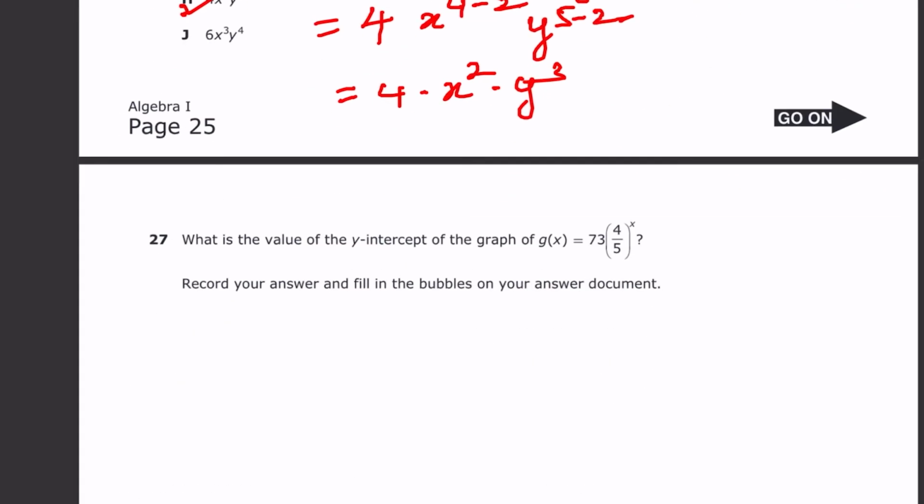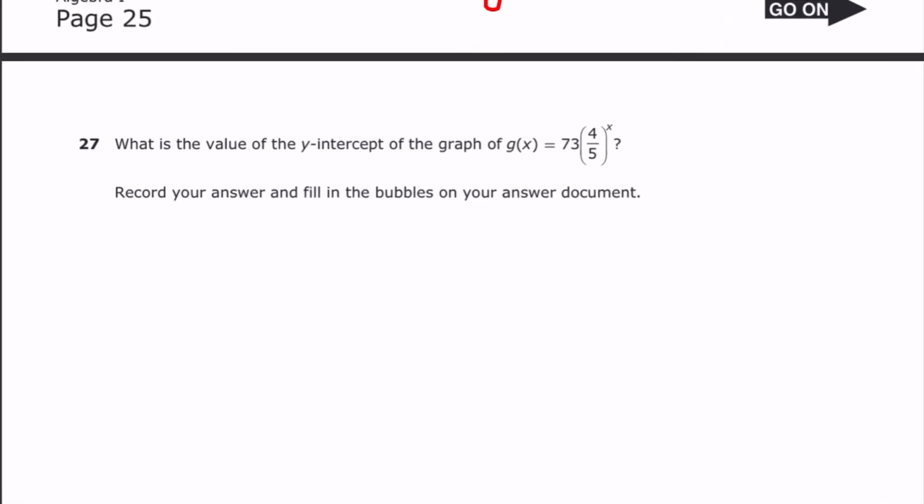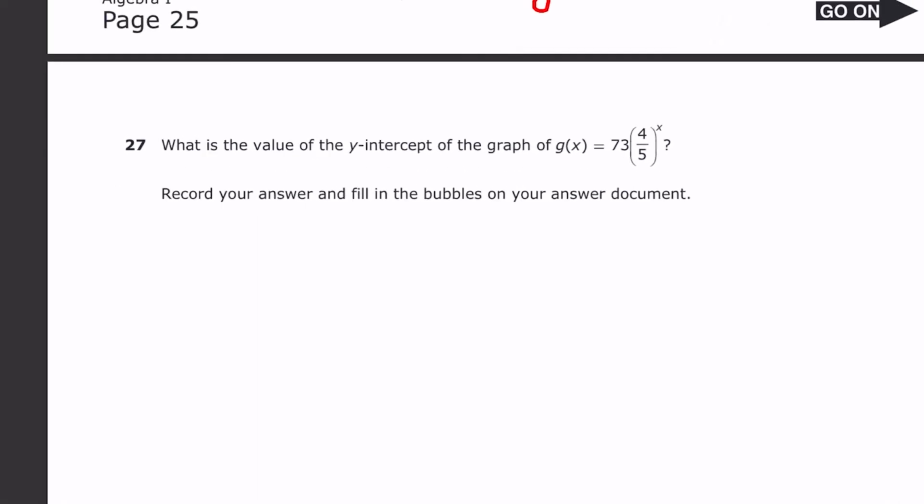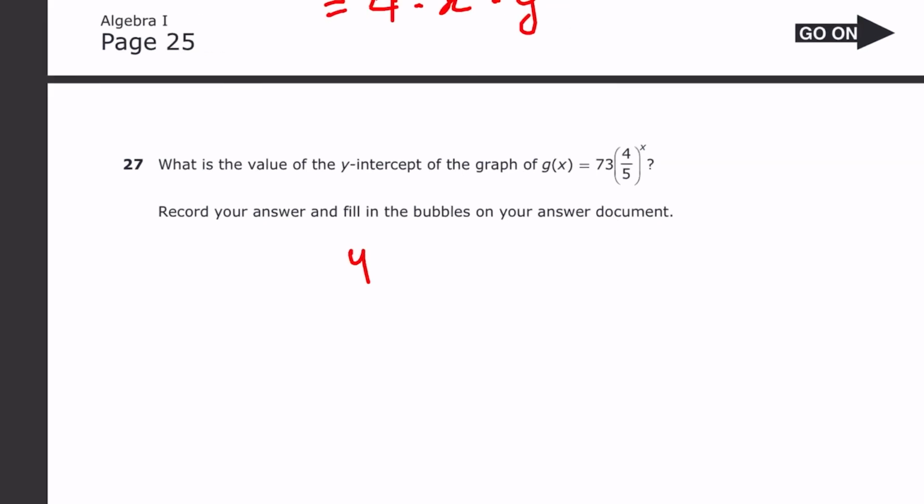So next, going into the 27th one. What is the value of the y-intercept of the graph of g of x equals 73 times (4 by 5) whole to the power of x? Record your answer and fill in the bubbles on your answer document. Now, for the y-intercept we always have x equal to 0.